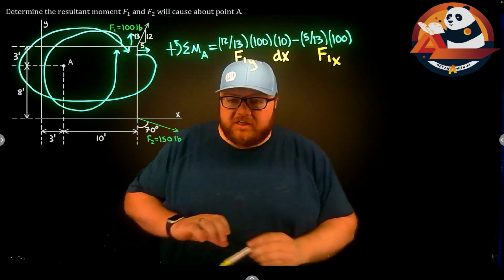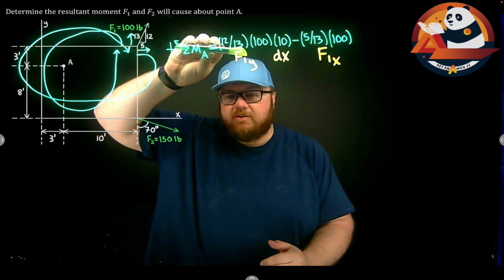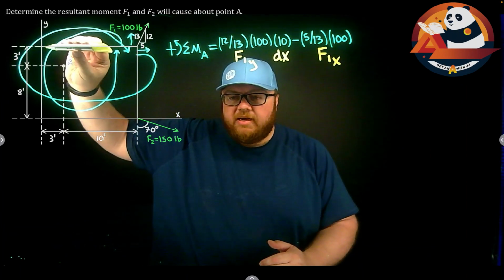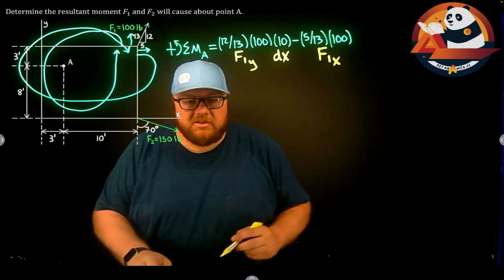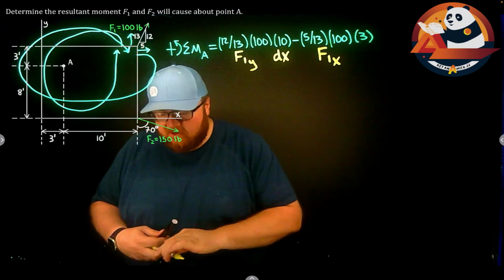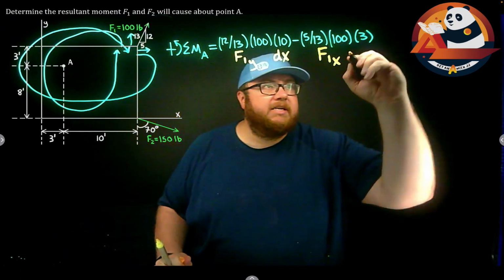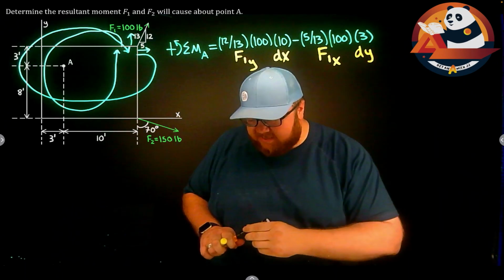So it's my shortest possible distance from the line of action of that x component, that one that goes infinitely in front of and behind, down to A, my perpendicular distance, 3 feet. So times 3. That's my dy distance. An x force times a y distance.